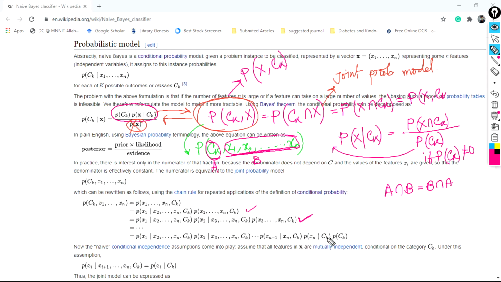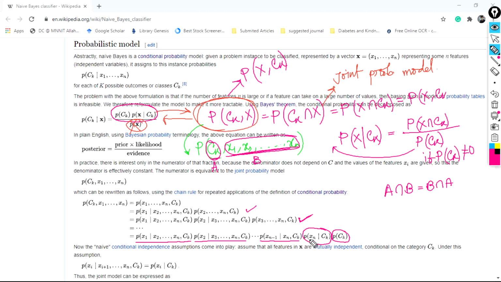Up to the end, we get the probability of ck. We just used the simple chain rule in an iterative process. After the final stage you get this step. Now the main thing is how to calculate this conditional probability. This is the main tricky part in the Naive Bayes classifier.